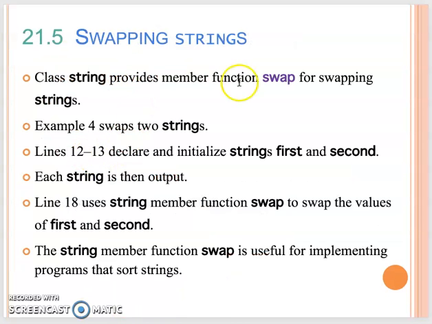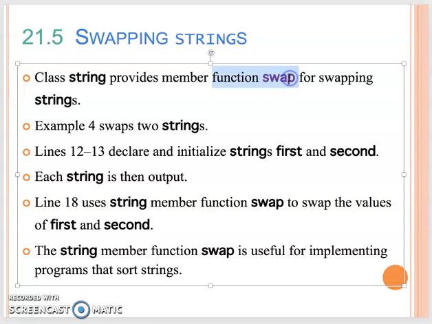The last one, we talk about the swap function. We see the swap function a lot, right? Here in our STL library container, we have a swap function. The swap function is the member function in the string class. Since that's a member function, you need to have your host object.